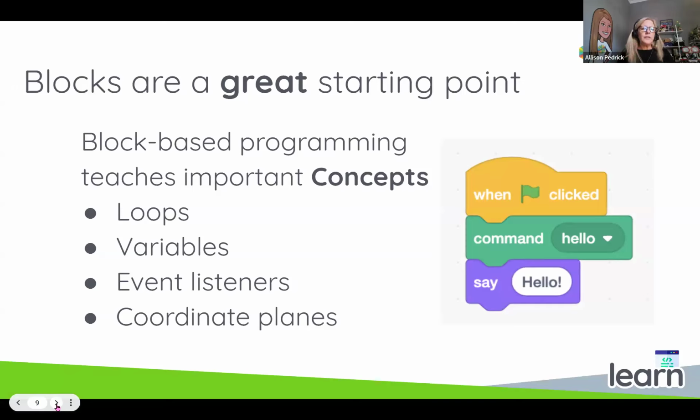It teaches basic concepts like loops, variables, and coordinate planes, which we find throughout all of our course curricula. It's very simple for younger students: quick click and drag, minimal typing, so we don't have to worry about their typing skills, and they get to see the satisfaction of what they've created right away.